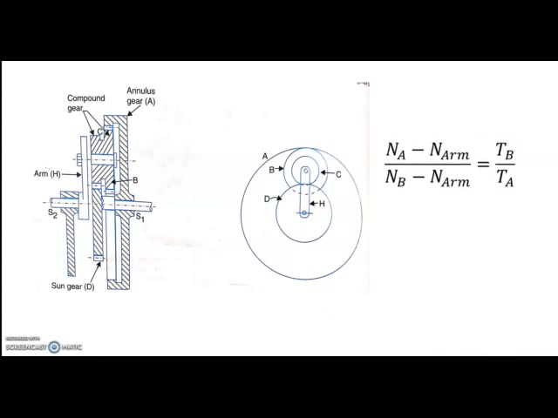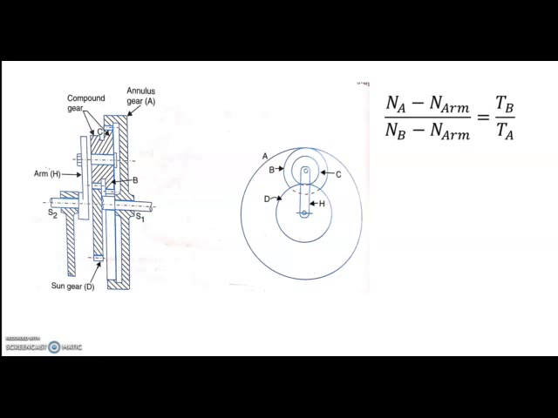(NA minus NR) divided by (NB minus NR) is equal to TB by TA. No minus sign because A and B are annular gear, and gear B speed will be the same as gear C speed because they are mounted on the same shaft. And the relation of C and D is (NC minus NR) by (ND minus NR) is equal to minus TD by TC, and the minus sign indicates that C and D rotate in opposite directions.